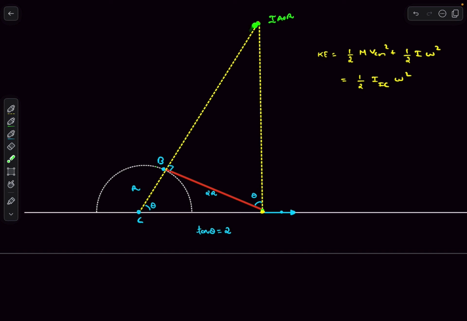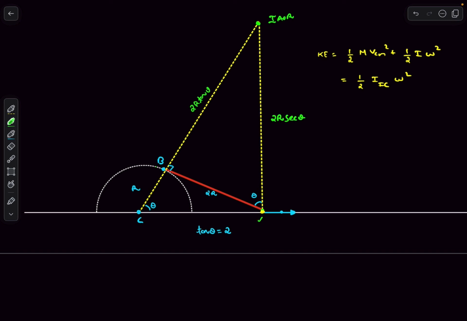Now observe this right triangle. The perpendicular length will be 2r multiplied by tan theta, so this length is 2r tan theta. Similarly, this length is going to be 2r secant theta.